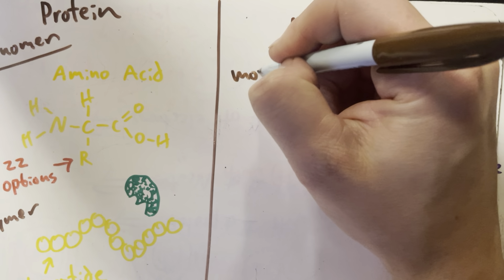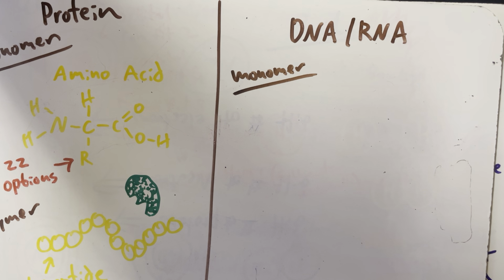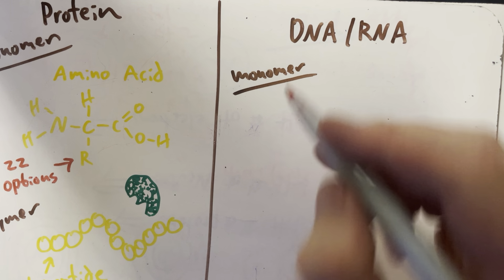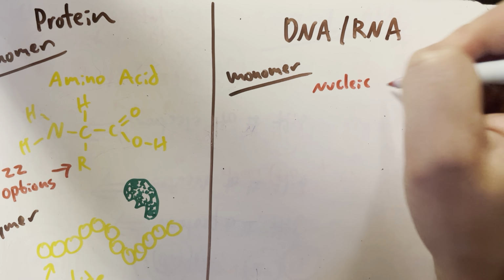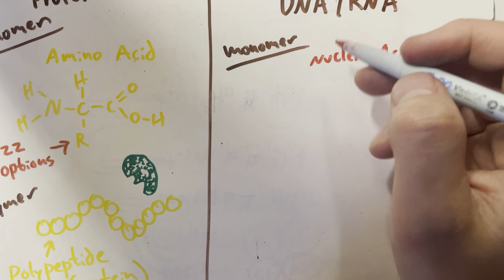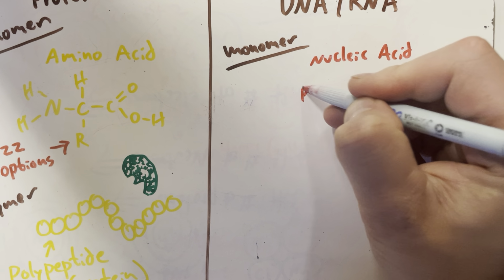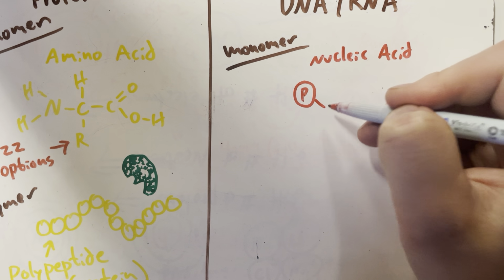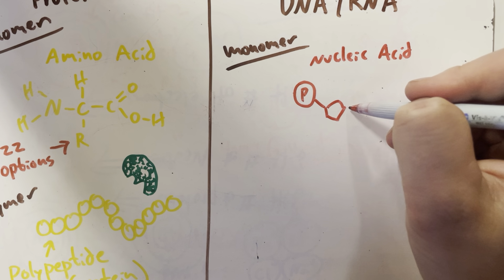Here's the monomer. The monomer is what we'd call a nucleic acid. There are three parts to a nucleic acid. The first part is the phosphate group. And then there's a sugar, a 5-carbon sugar.